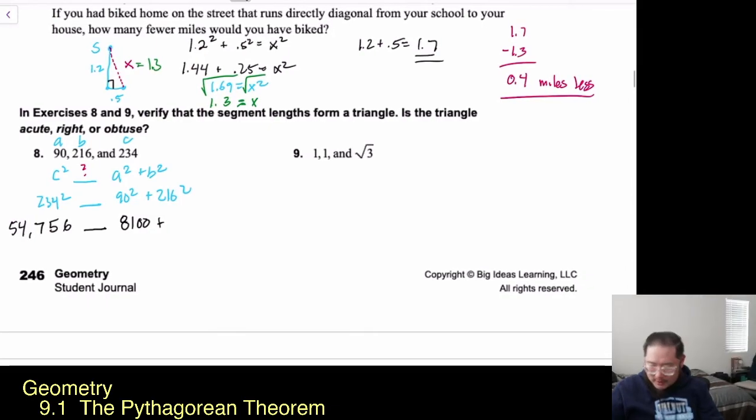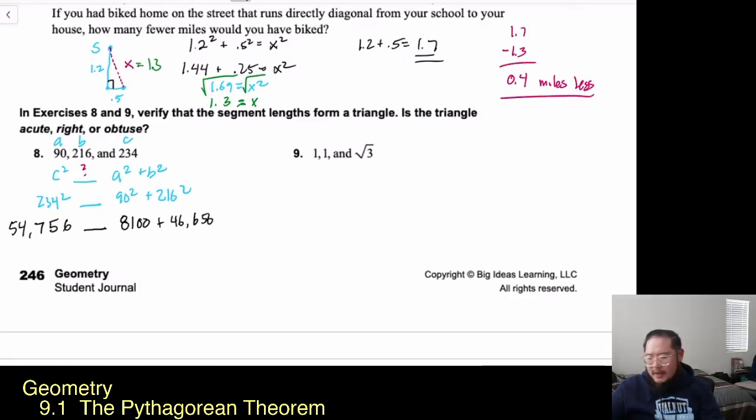216 squared, we got 46,656. All right, so that's what we have. When I go ahead and plug all those three numbers into the calculator, and let's figure it out right here. Well, they end up looking like they're the exact same thing, right?